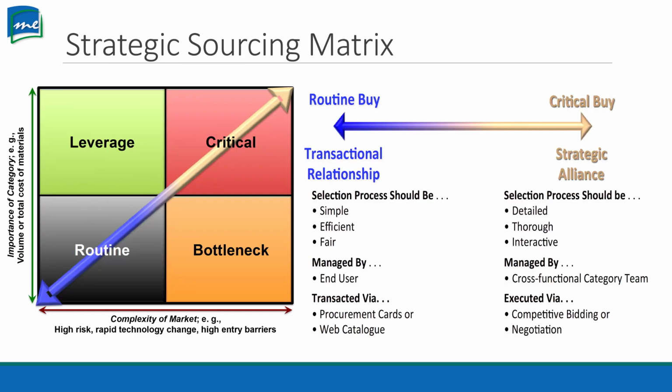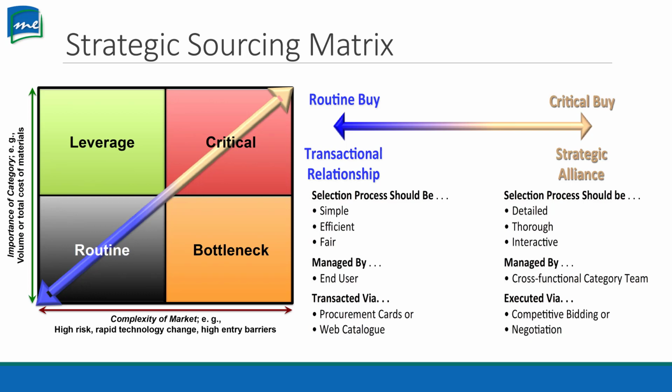So we have our strategic sourcing matrix. Now, as you know, this one's been popping up in your introductory class, your supply chain management class, and now in this one. So which ones are we going to look at? Well, we can look anything from routine to critical buy, because it depends on our relationship that we're going to have.